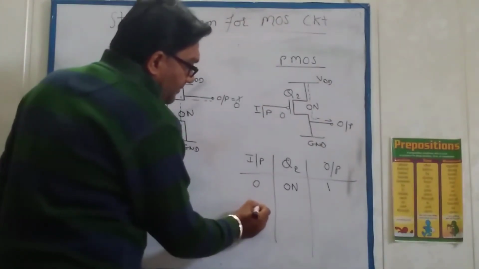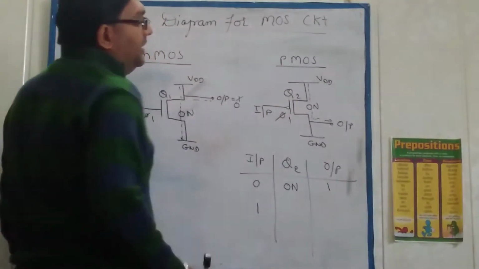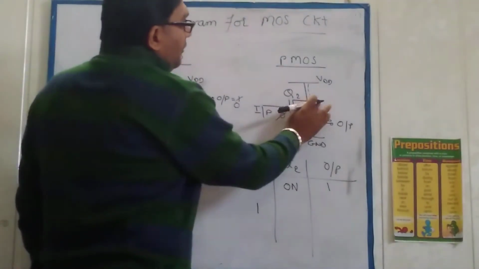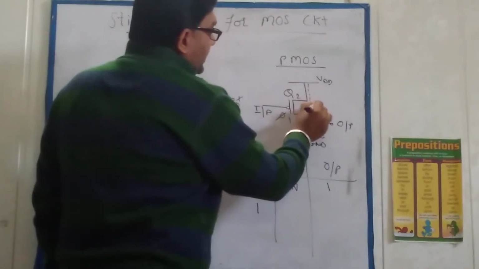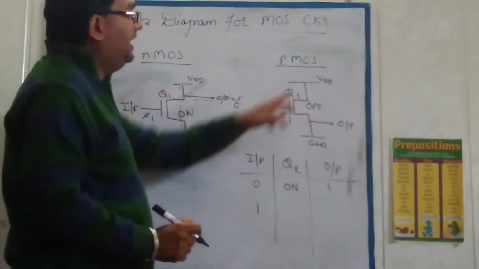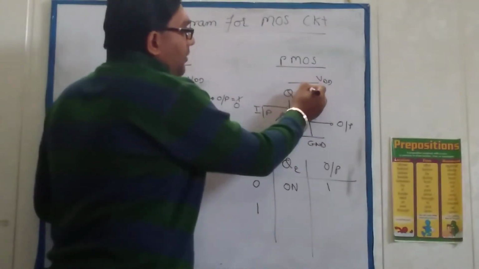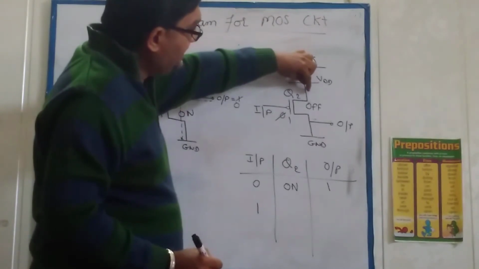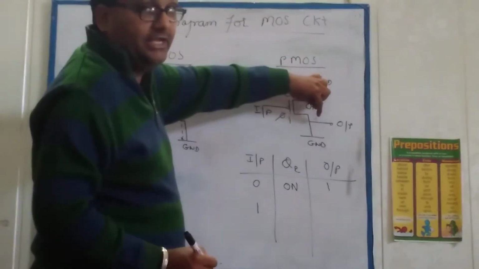Now if I apply input as 1, as it is an active low transistor, it will be off on the high voltage. So the transistor is off and the VDD will be blocked. The VDD does not get a path to flow through the transistor.